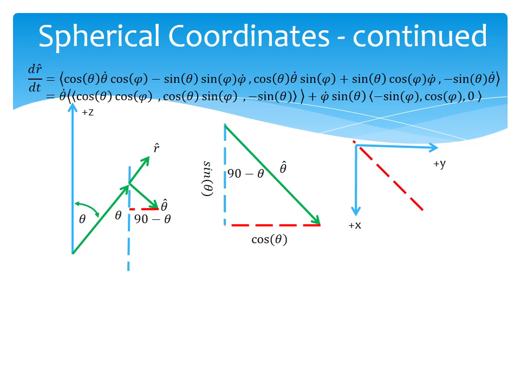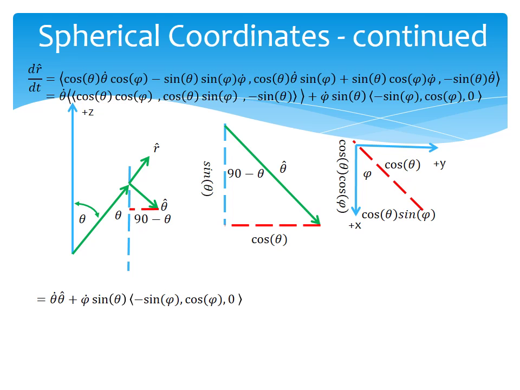Now I have to work on the projection in the xy plane. Well, the projection is cosine theta, and I have this new angle of phi, so my x component would be cosine theta times cosine phi, and my y projection would be cosine theta times sine phi. And so that gives me the coordinates. Now, if you look at the vector up here, my x coordinate is cosine theta cosine phi.